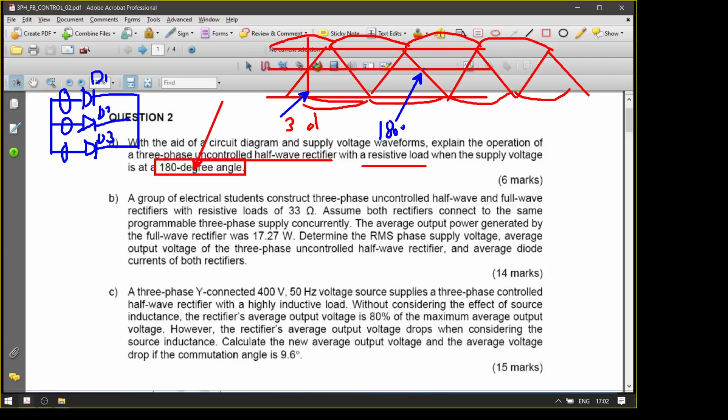So if you look carefully, when you have 180 degrees, we are at that point. So which diode is on? This is D1. This is the region of D2 and D3.